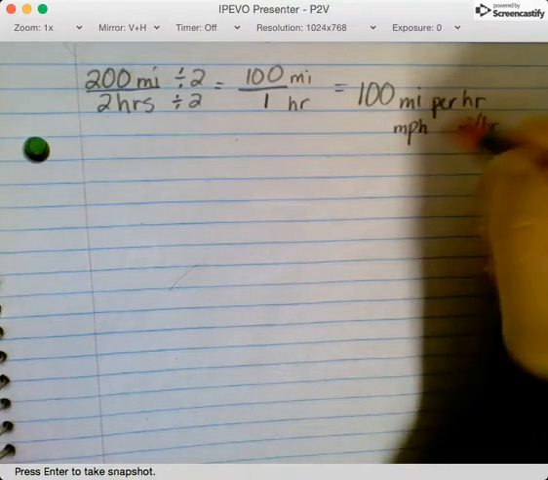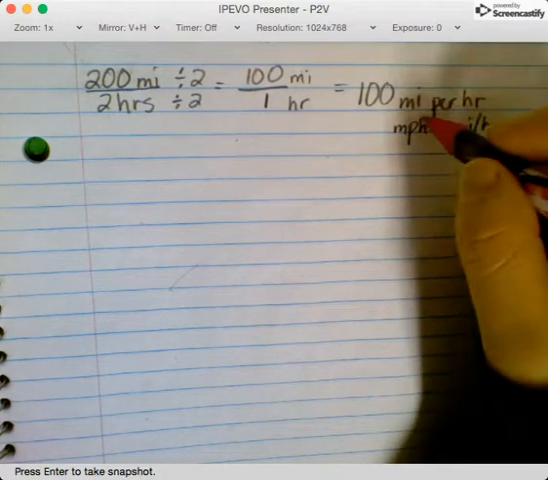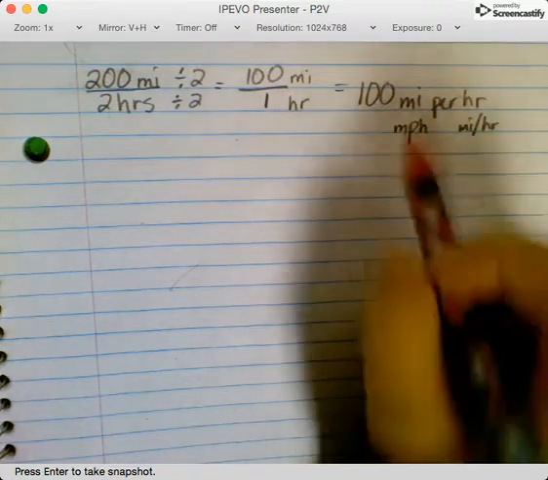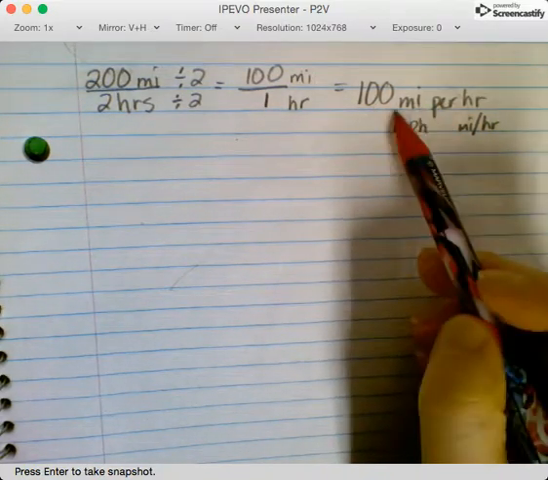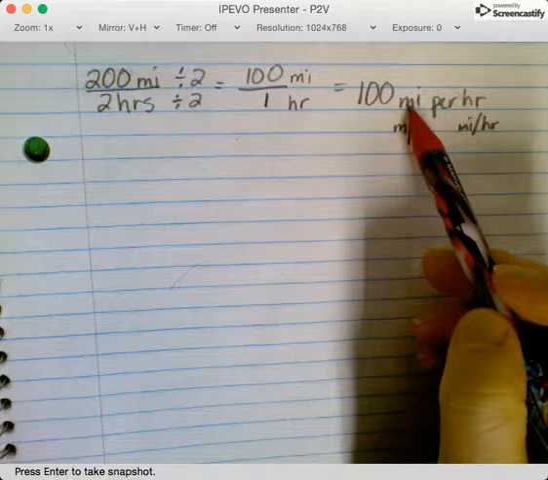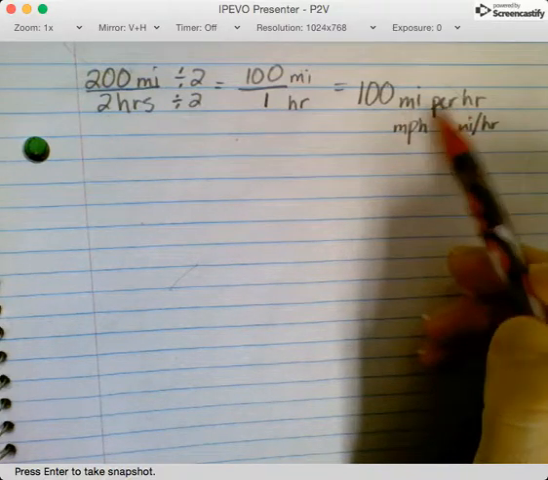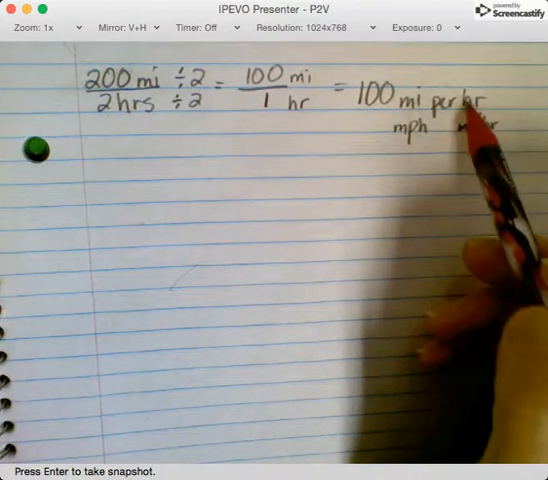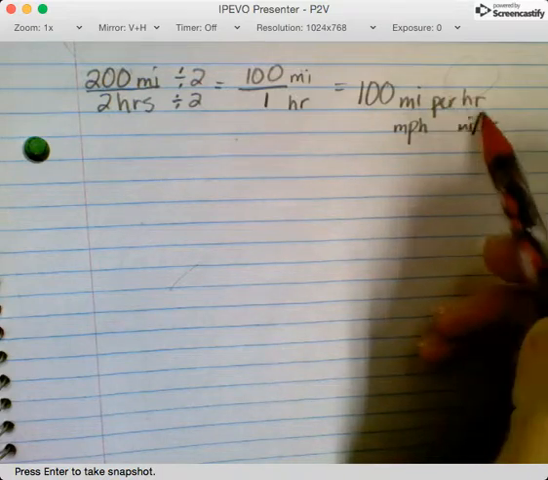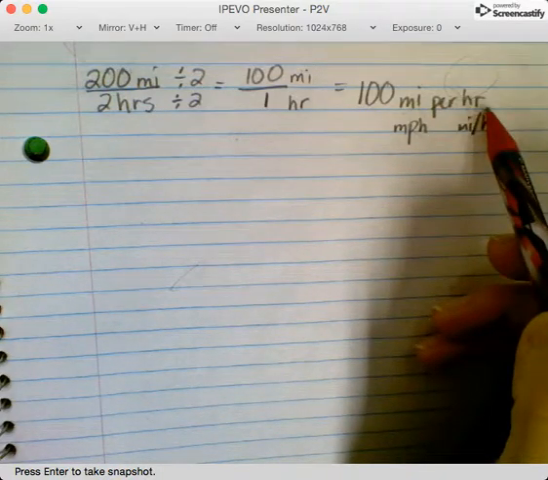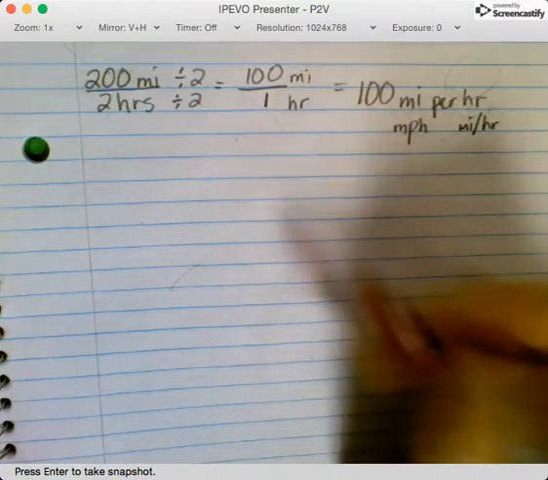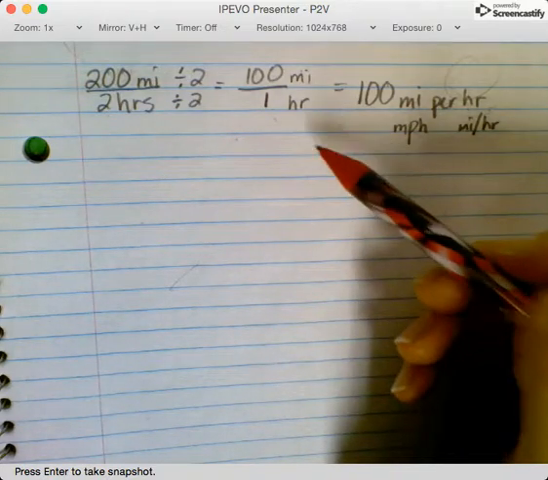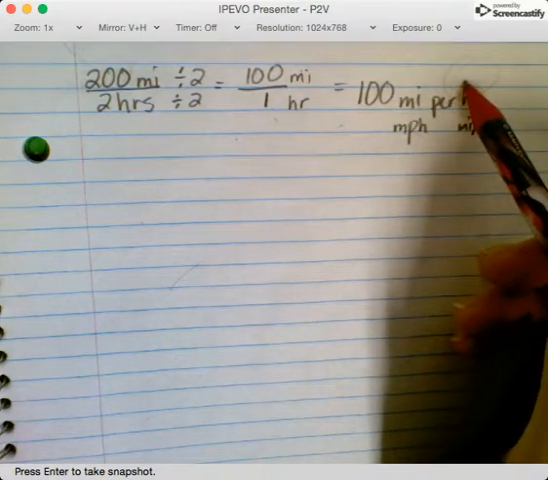Okay, so those are a couple ways just to write that label. But either way, when you're labeling it, you either say miles per hour to notate that it's per 1 hour, or you can write it like that. You need some way of showing that it is for 1 hour.